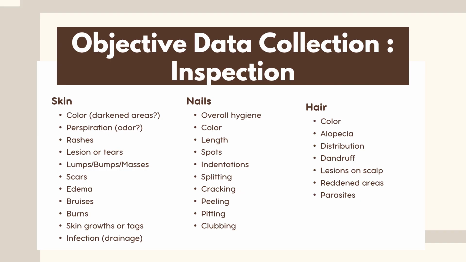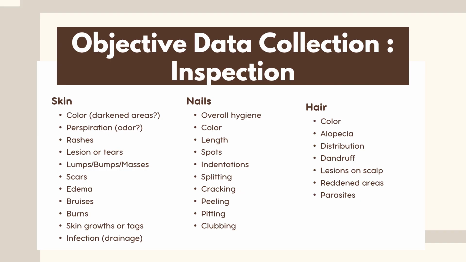You're looking for any darkened, pale, yellowish, or bluish hues. If it's pale, it could be that they're anemic or have decreased circulation. They may have cyanosis, which would indicate hypoxia, or jaundice, when they have that yellowing tint, which can be an indicator of liver dysfunction.